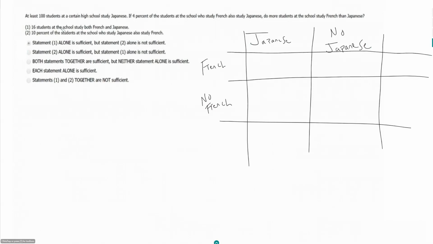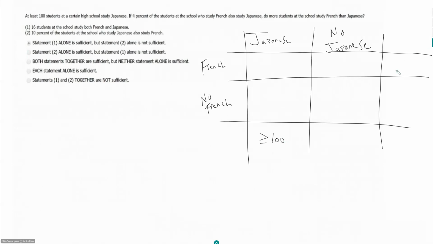And then what would we know from our prompt? At least 100 students at a certain high school study Japanese. So our total Japanese would be this box here, and we know this is greater than or equal to 100. 4% of the students who study French also study Japanese.